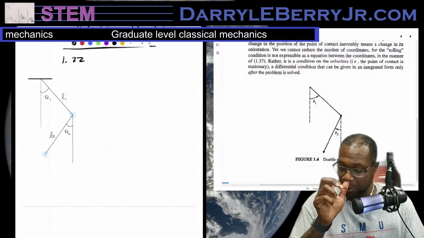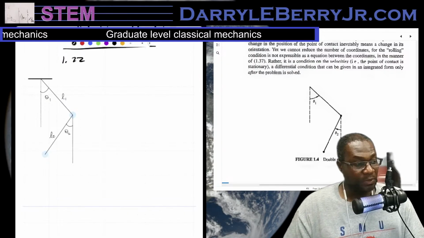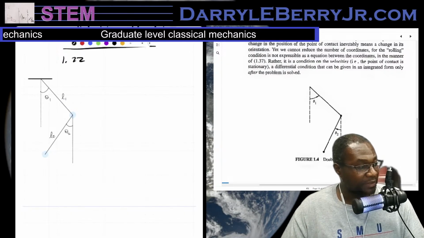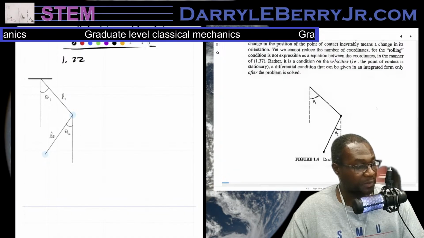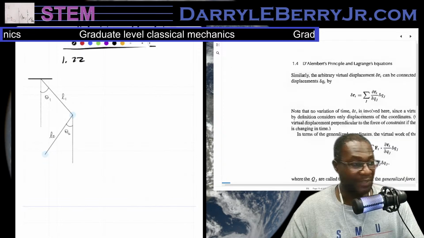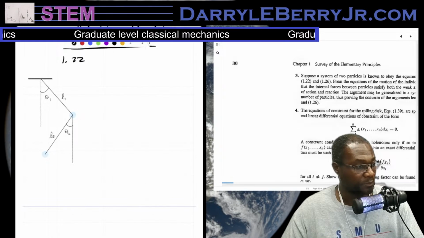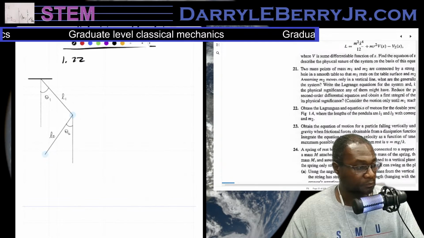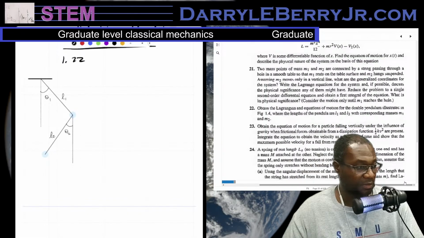And the first thing we need to do is identify the degrees of freedom. I believe it said that this is confined to a plane. Let me confirm that. Let me go back to the question. I had the pendulum drawn now. Double pendulum.